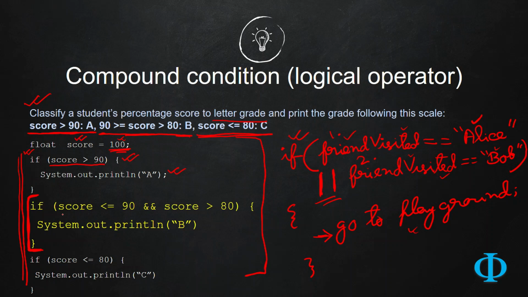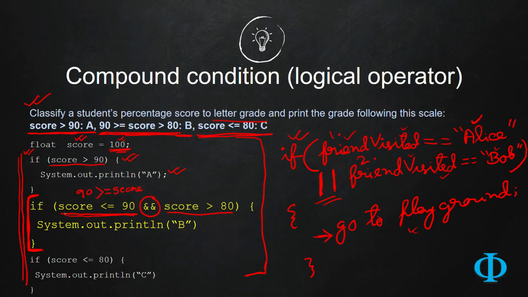Here, what you are saying is, if the score is less than or equal to 90, or you can say like 90 is greater than or equal to score, both are the same, like this part, and score is greater than 80, which basically represents this fact.